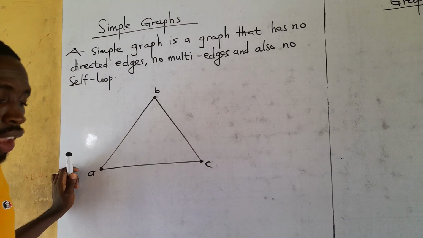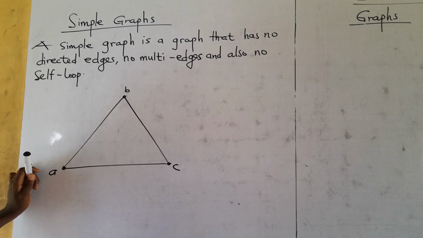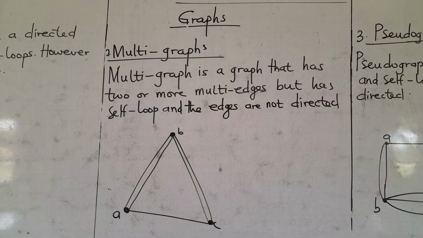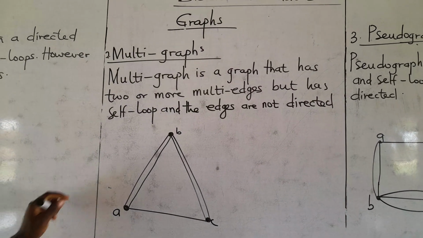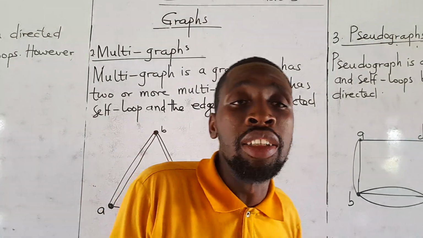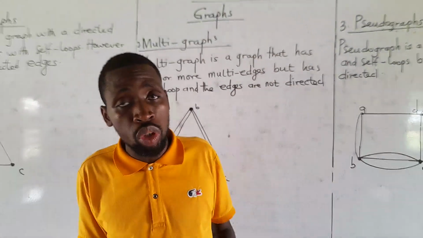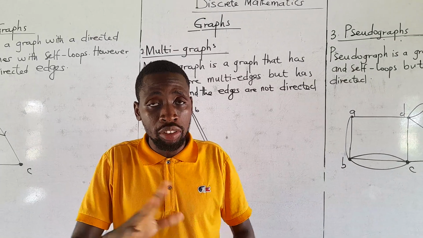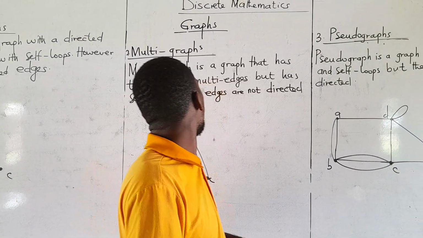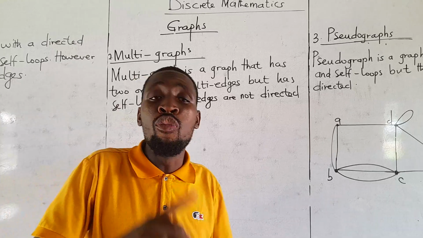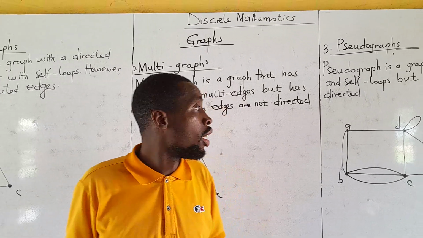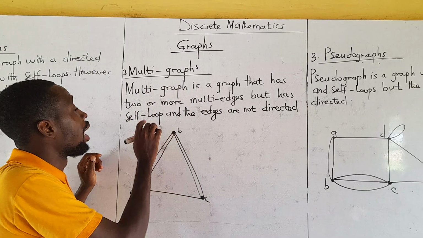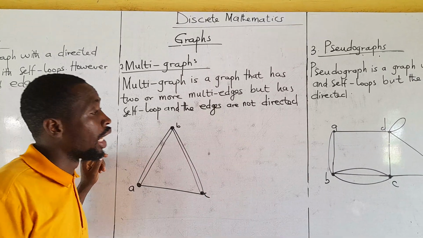Our next stop is multi-graphs. On top of multi-graphs, remember in simple graph, we said we don't have multiple edges, we don't have directed edges, neither do we have self-loops. But in multi-graphs, we can have multi-edges, but we can't have a self-loop and directed edges.